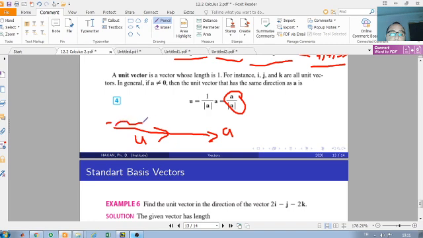The length is equal to 1 here, but the length of the vector A can be different from 1.